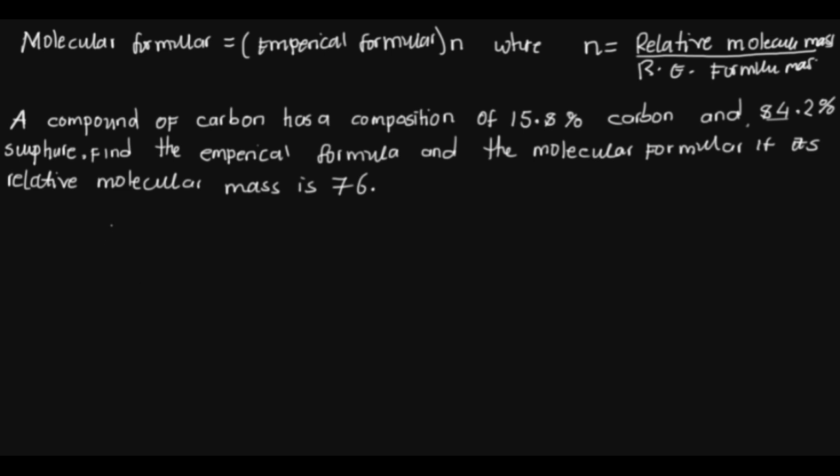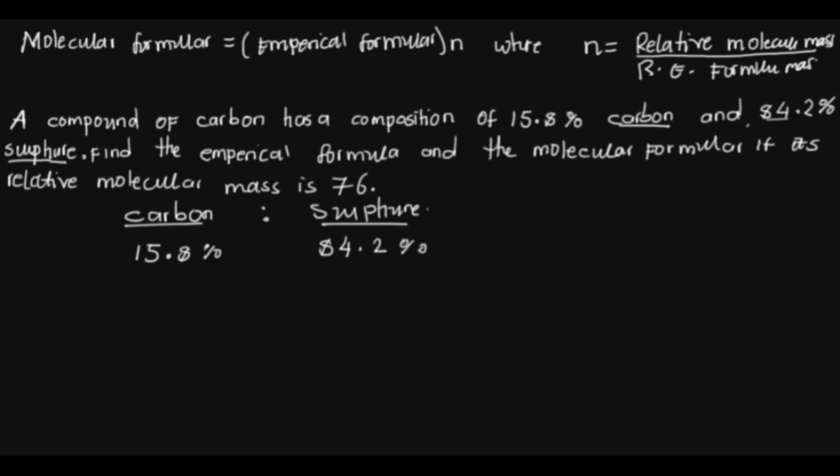Now after we are done with verifying the percentage, let's move on. We have two elements here: carbon and sulfur. The percentage for carbon is 15.8%, and for sulfur is 84.2%.